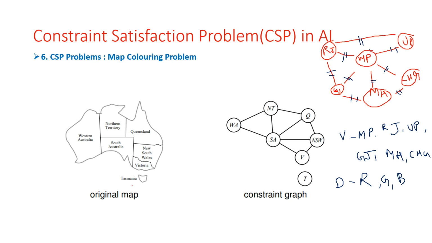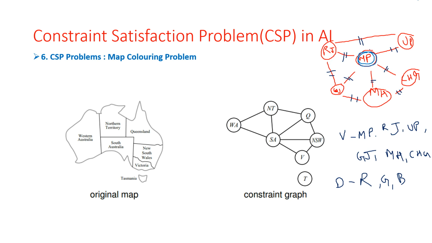If I am considering MP as blue color, we have to select MP as blue. The neighboring nodes are RJ, Gujarat, MH, Chhattisgarh, and UP. We cannot select the blue color for these because they are neighboring nodes of MP.